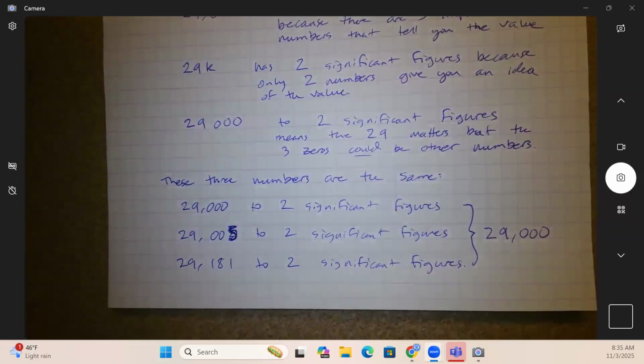If you're weighing a whale, in kilograms, it could be 29,000 kilograms. It could be 29,005 kilograms, but maybe it just ate a salmon, right? Big salmon. Could be 29,181 kilograms, but it's got a bunch of barnacles on there that you'd have to scrape off, right? So it's measurement error.